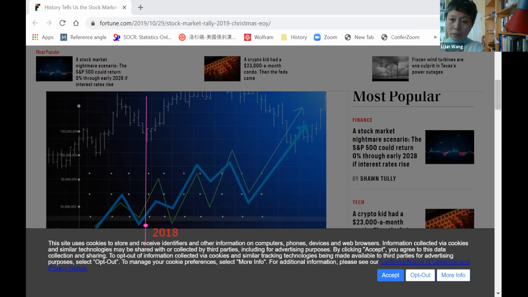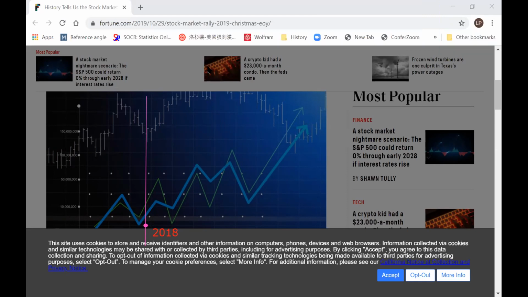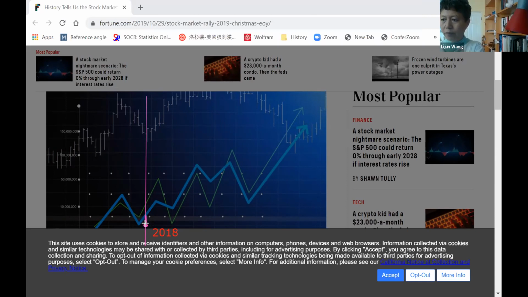And what is the output? For the blue curve, what is the output? The y-axis? The vertical line. It's the price of that stock. You guys follow me?